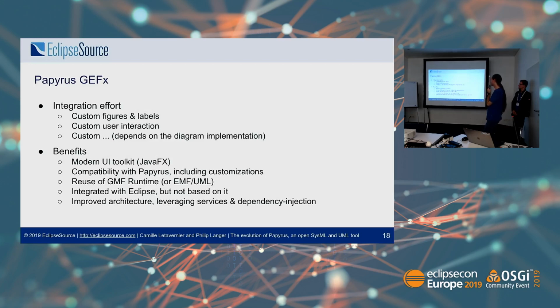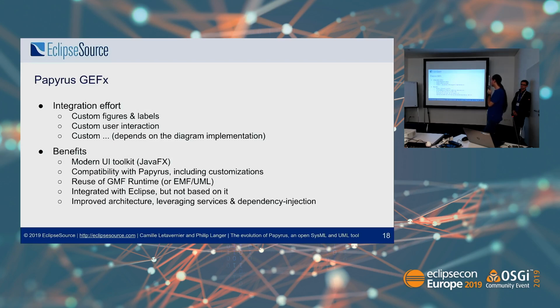The benefit is that you get a more modern UI toolkit, which is JavaFX. It's really similar to SVG in the way it works, but it also includes some controls like SWT does. So you can do both geometric drawing and control edition. The JFX component is mostly compatible with Papyrus, not 100%, but it's compatible with Papyrus models, including the customizations.